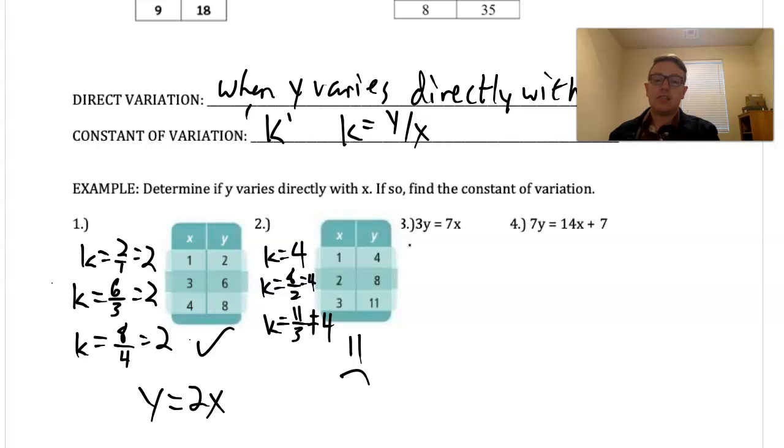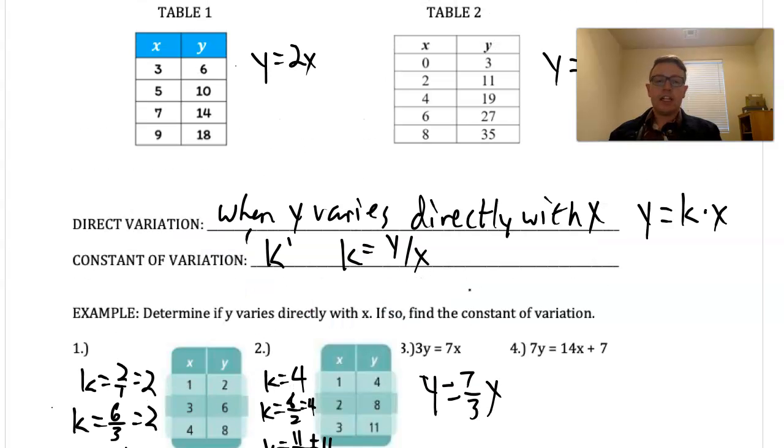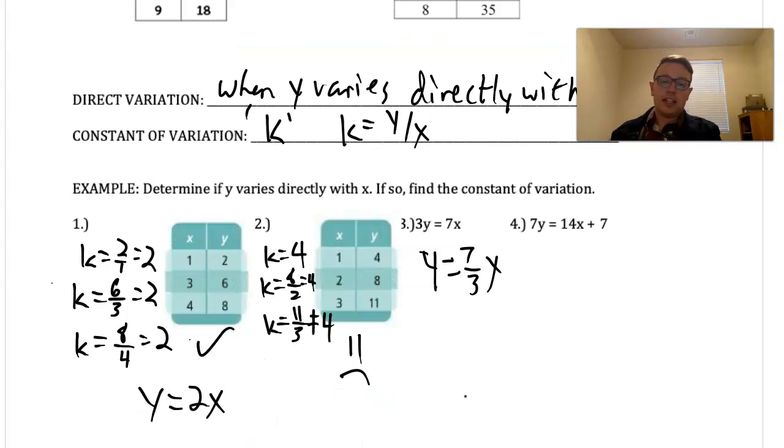So we're going to need to divide by 3. When we divide by 3, we get y is equal to 7 over 3x. Does this look like this form? It does. So this is direct variation. And what is k? Well, y is equal to k times x. So k is equal to 7 over 3.